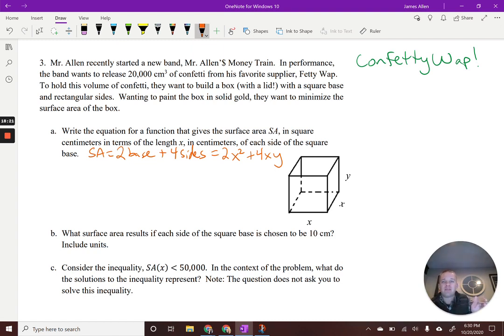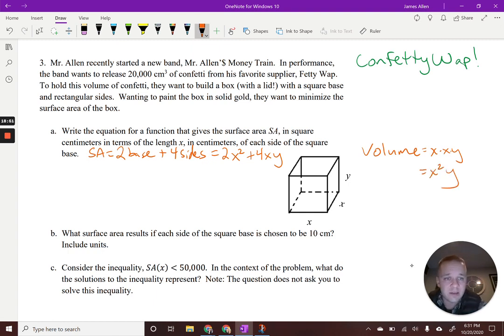Now, I do know that the volume is going to be 20,000 cubic centimeters. So perhaps we could use that to our advantage. So volume, I'm going to go over here. Got all this space. So my volume is going to be x times x times y, so x squared y.